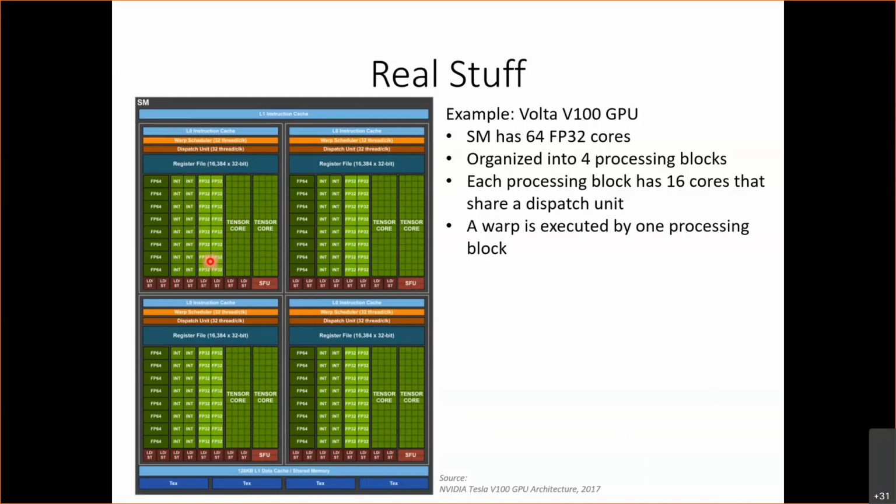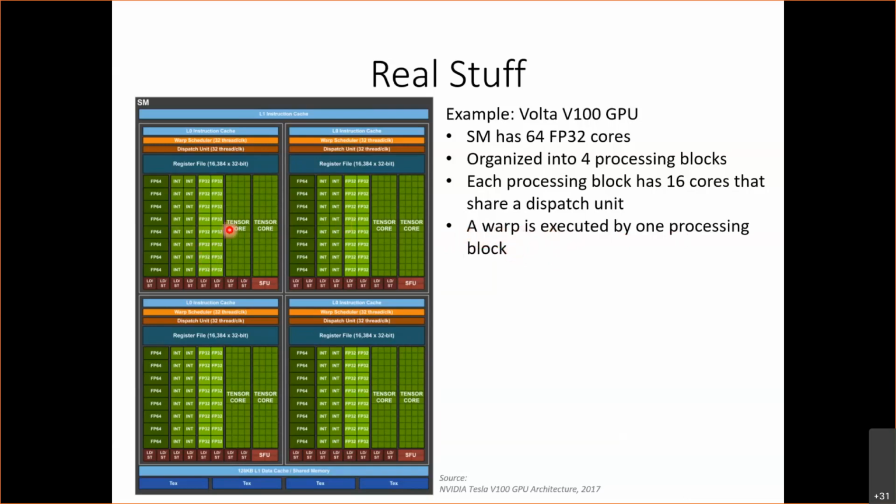Doctor, I have a question. If we said that one warp is executed by each processing block, can you get multiple warps running on the same block, on the same core? Yes, and you actually should do that, and I'll talk about that later. But yes, I said a warp is executed by one processing block. I don't mean only one warp is executed by one processing block.